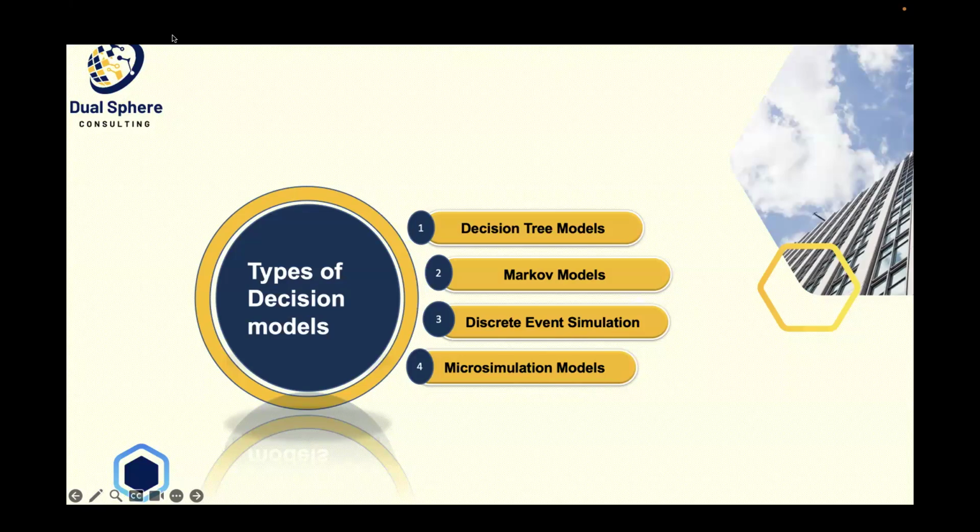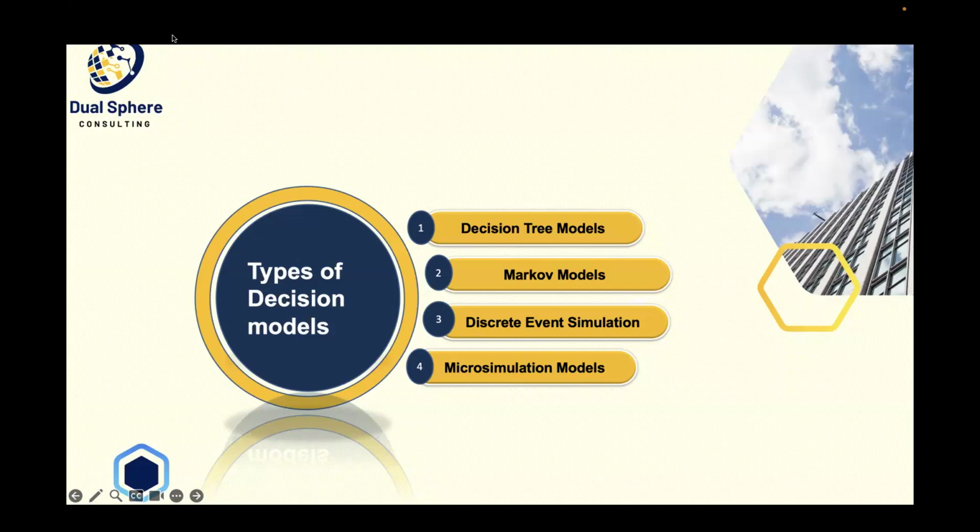So these are the broad basic types of economic evaluations. Now, why I recap this quickly is because these economic evaluations are backed by certain types of decision models. How do you calculate the total cost? How do you calculate the total effectiveness over a period of 10, 15, 20, 30 years? Economic evaluations are done for long durations, not just for 1 to 3 years.